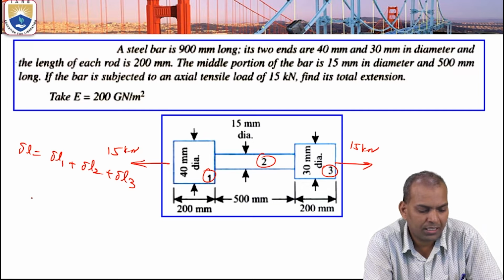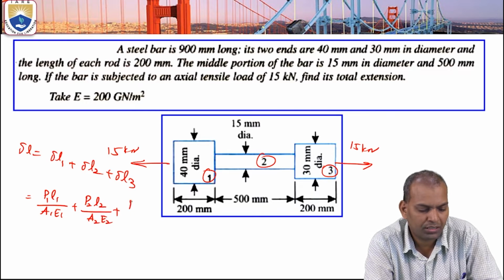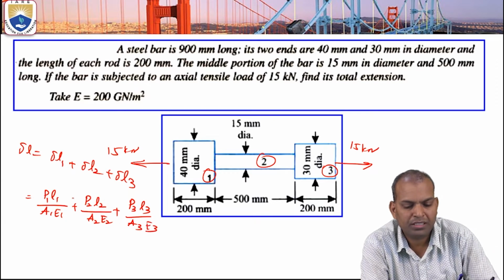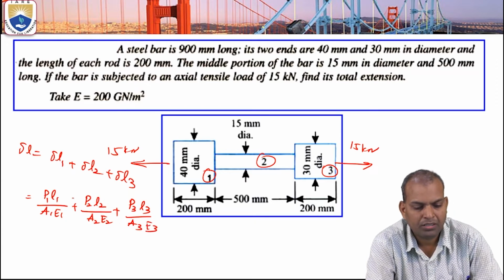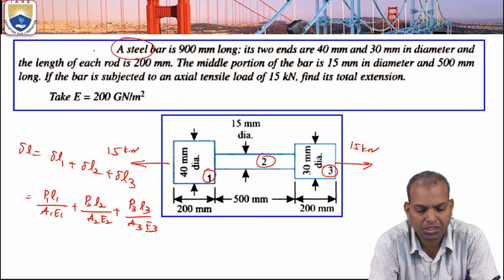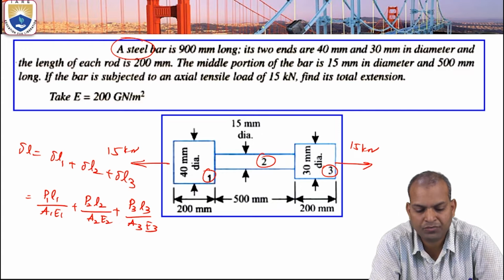So what is the delta L? We know that delta L1 equals P1 L1 by A1 E1. Delta L2 equals P2 L2 by A2 E2. Delta L3 equals P3 L3 by A3 E3. Here the material remains the same. The material is steel, all three sections made of the same metal.